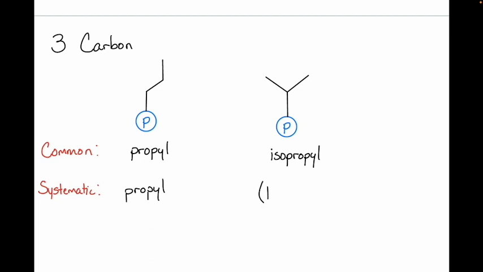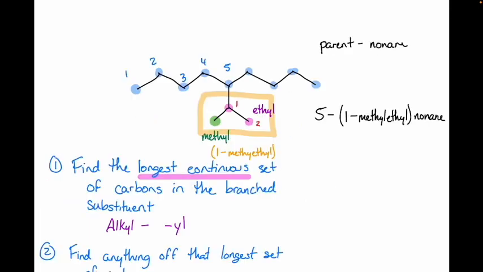This could also be called a 1-methylethyl group. So you could call this molecule 5-(1-methylethyl)nonane or 5-isopropylnonane. And both of them are perfectly acceptable.